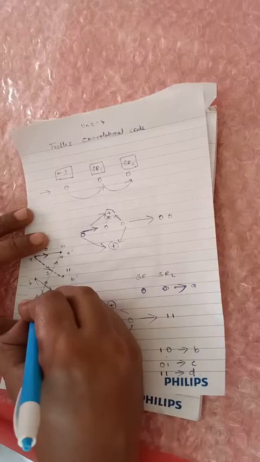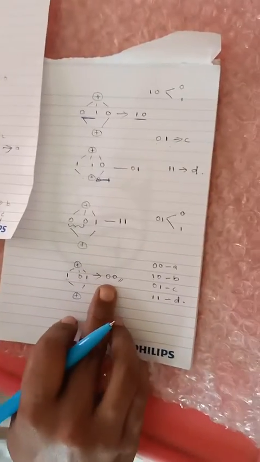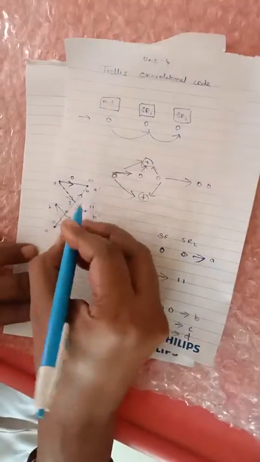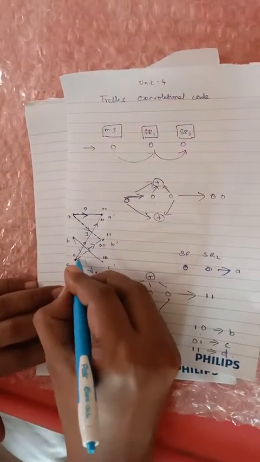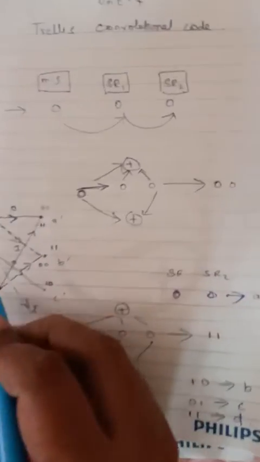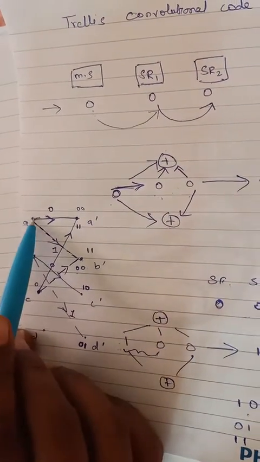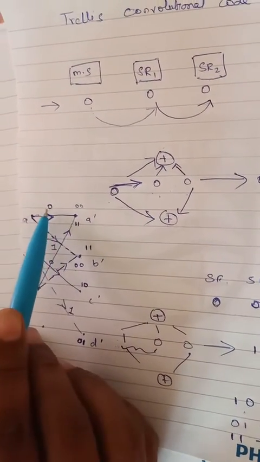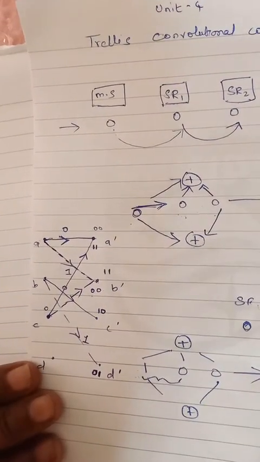So your C is going to move on to your B state and your output is going to be 0 0. So this is when the incoming bit is going to be 1, your C state is moving on to your B state with your output as 0 0. So remember, always the straight line will represent the incoming bit as 0 and the dashed line will always represent the incoming bit as 1.